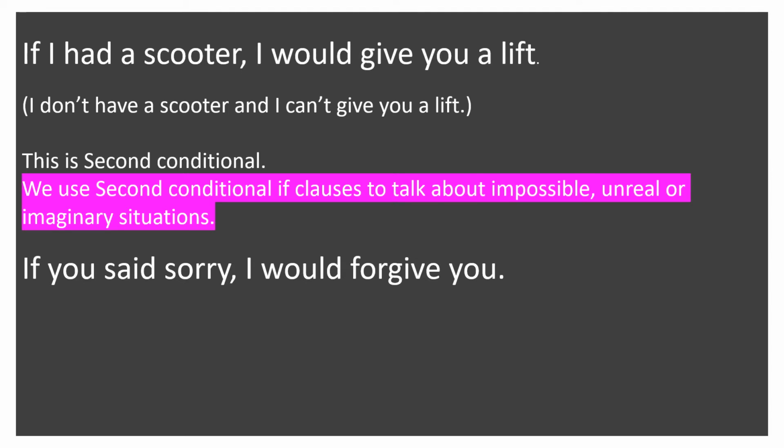So, what does it mean altogether then? You never say sorry and I'm not going to forgive you. If you said sorry, I would forgive you. Here the speaker's intention is that the second person will never say sorry and the speaker will also not forgive him.